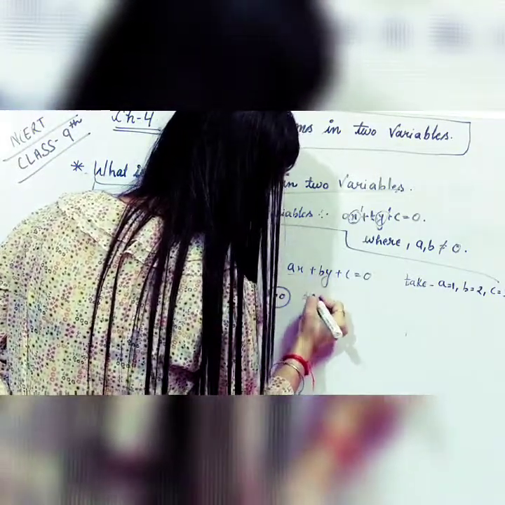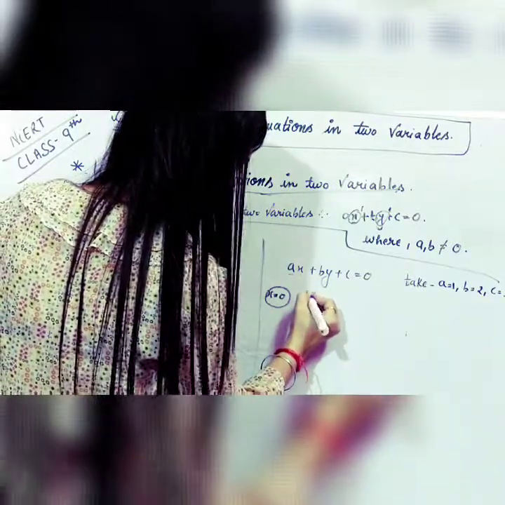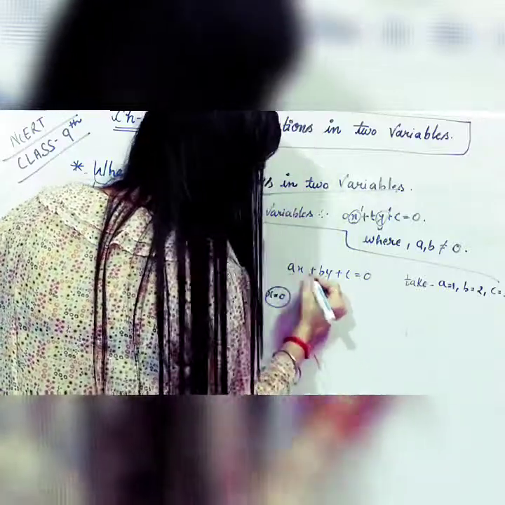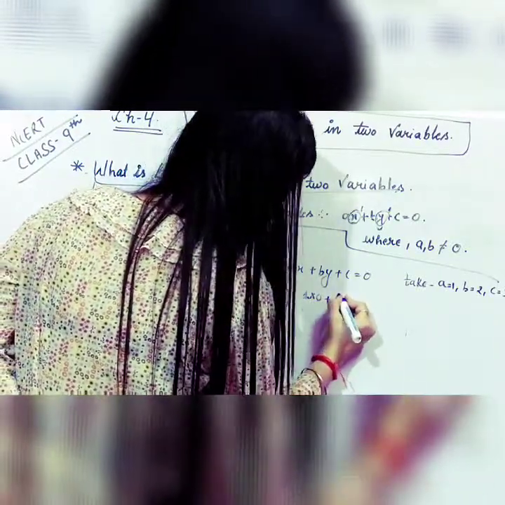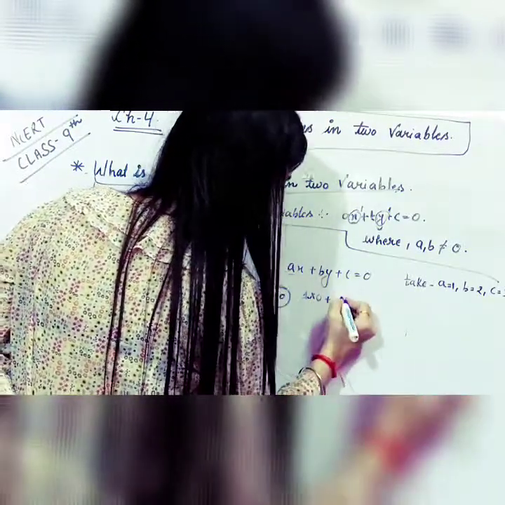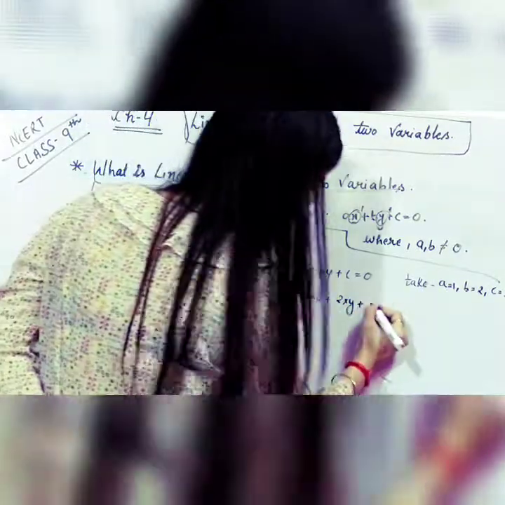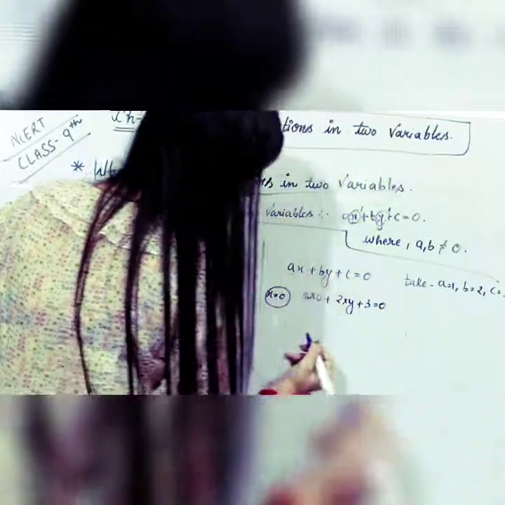a is 1 into 0 plus b, 2 into y, plus c, 3 equals 0.